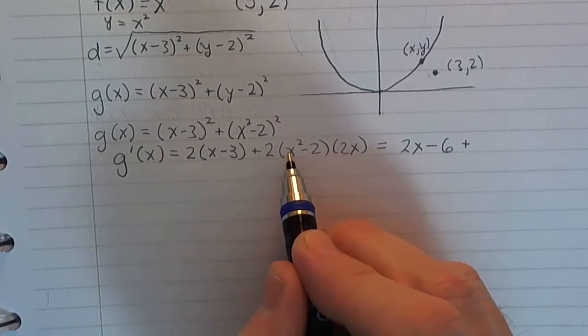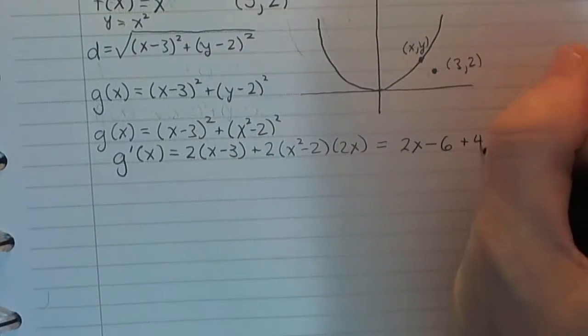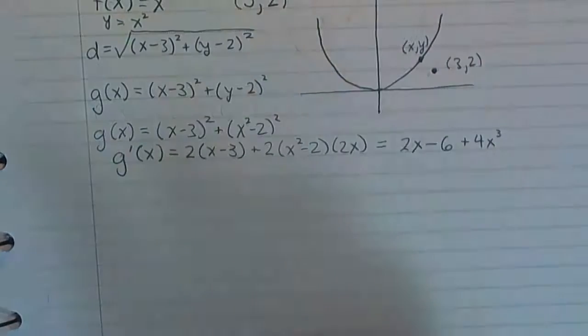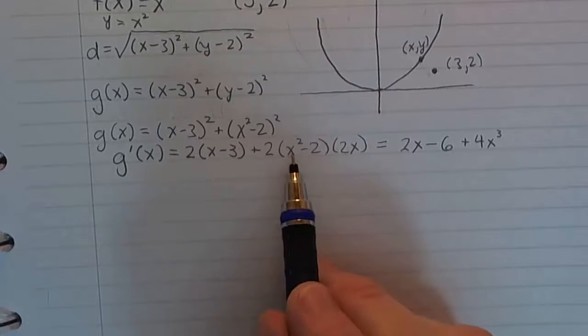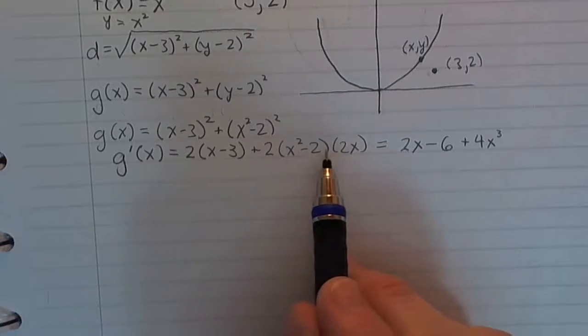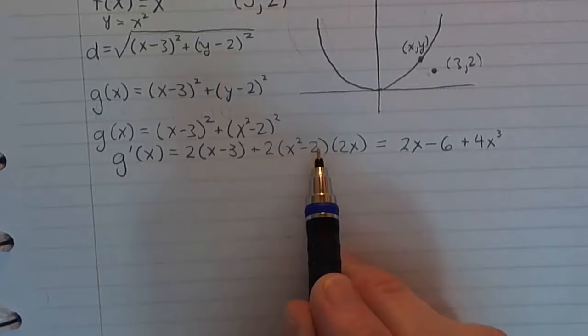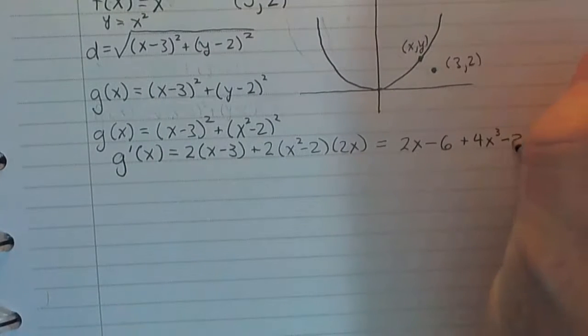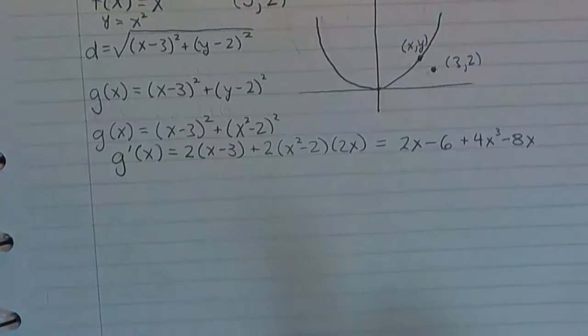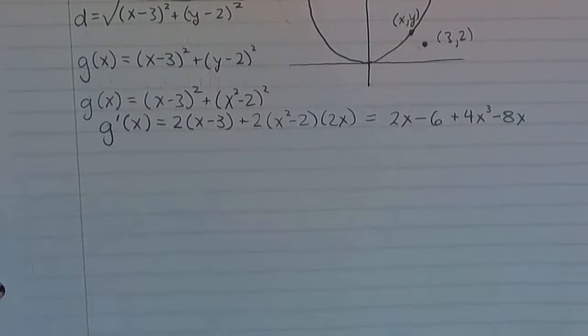That's 4x times x squared. That's 4x cubed. See that? Minus, there's 2 times 2 is 4, times 2 is 8x.